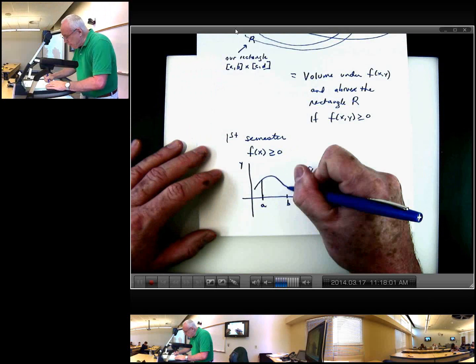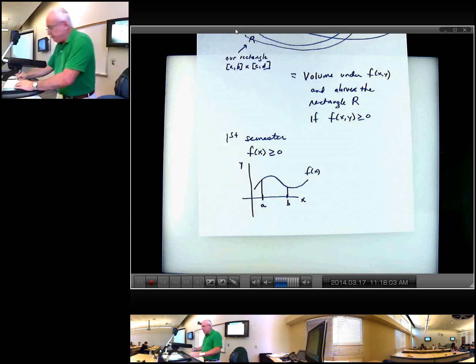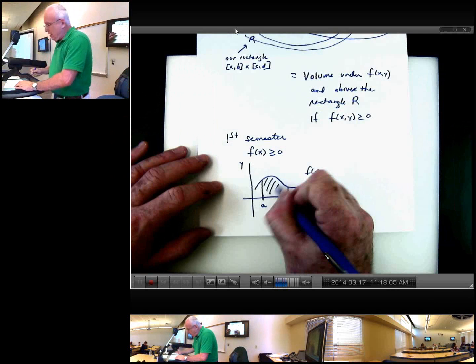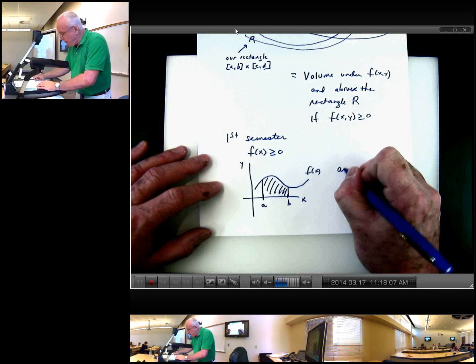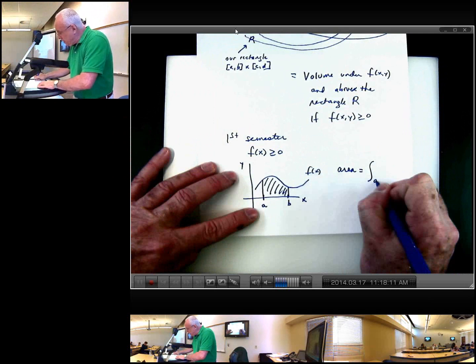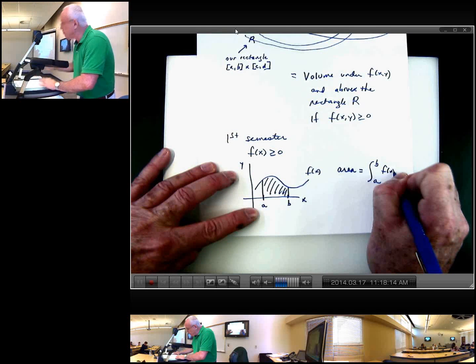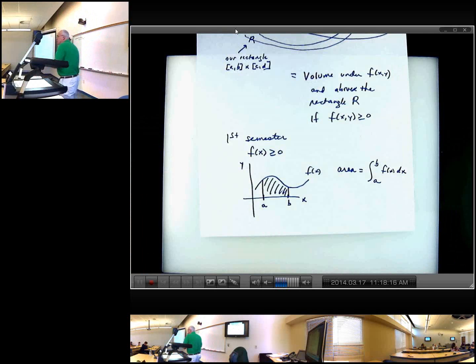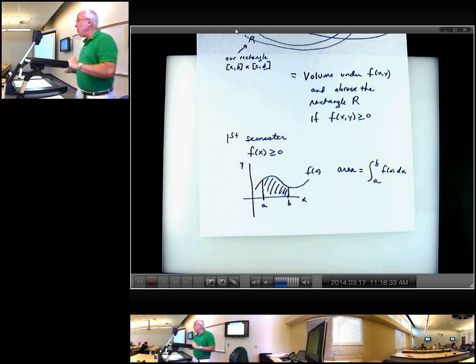Let's draw some straight lines up to match the graph. The area is equal to the integral from a to b of our function. So this is just extending it to where we have a rectangle base going up to a function. Now instead of getting an area, we're in 3 dimensions and we get a volume. In first semester, we just got an area.